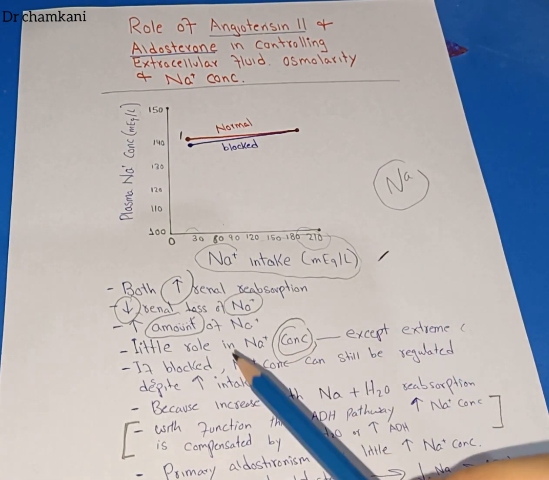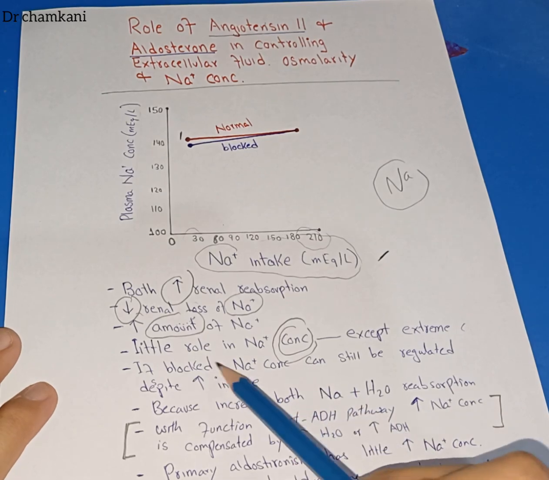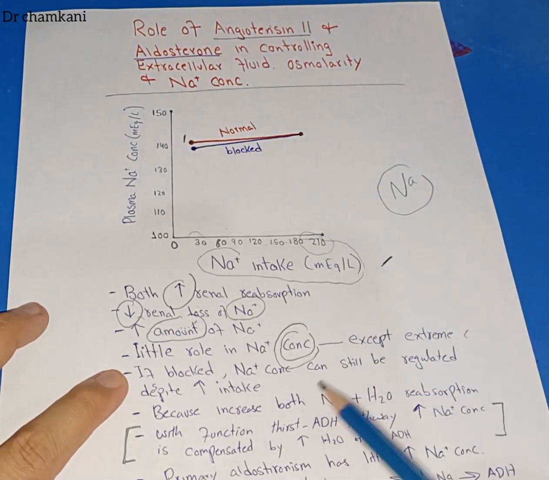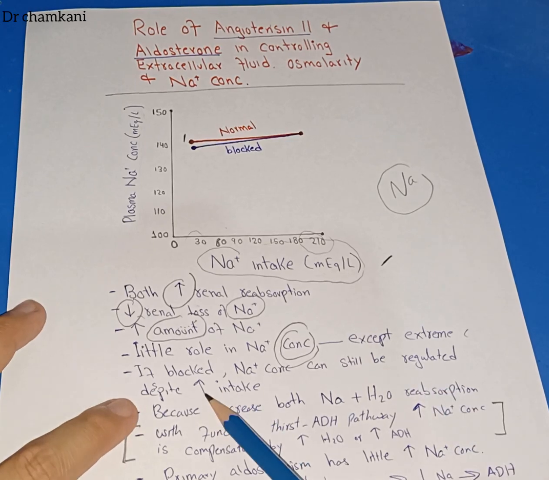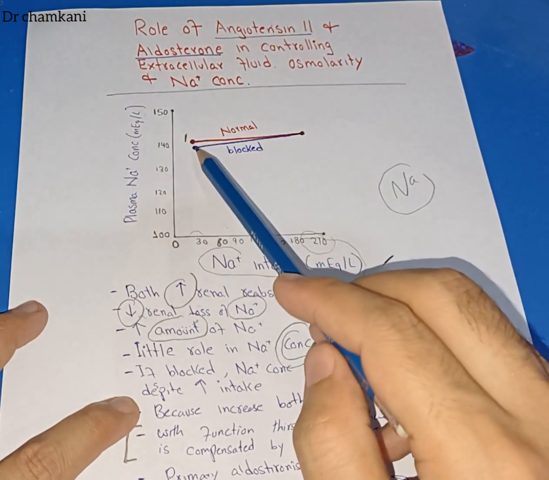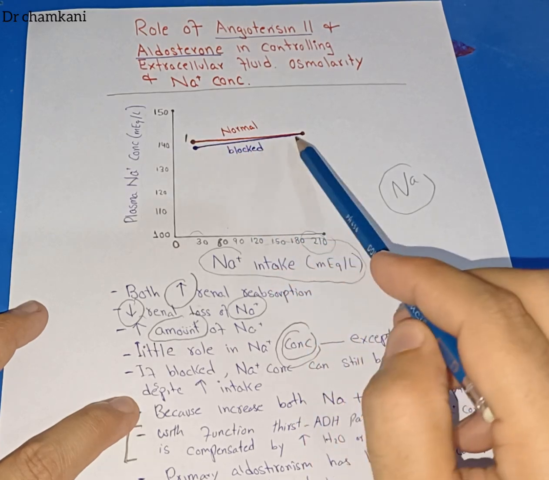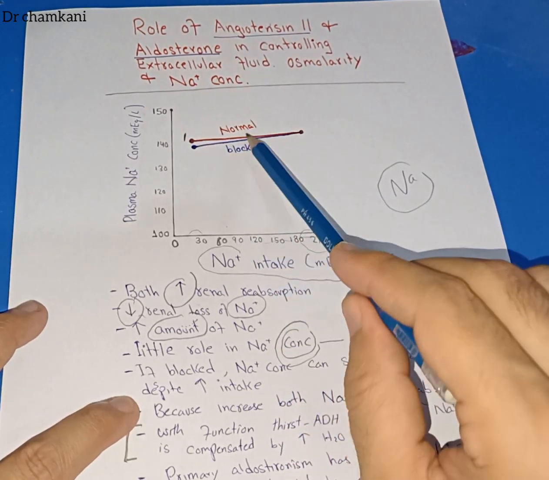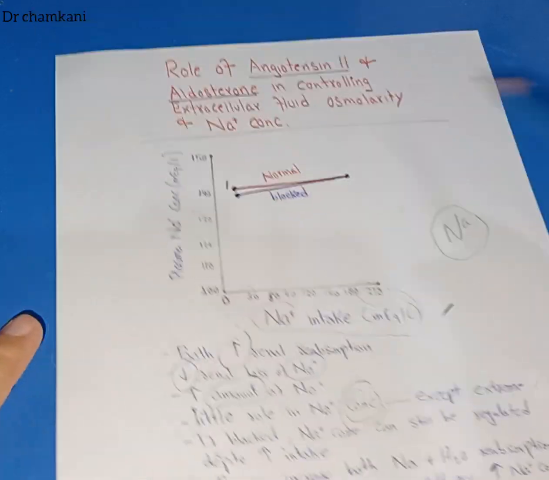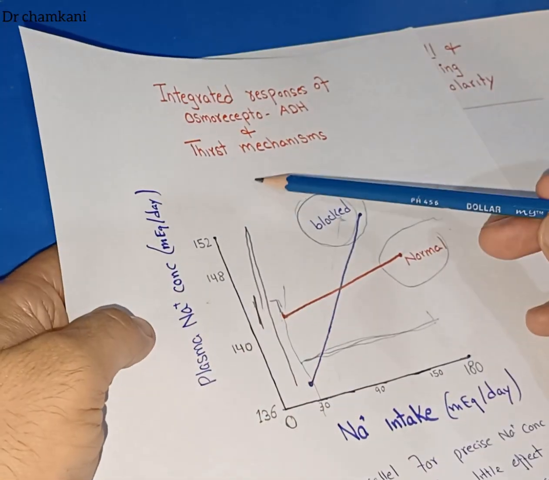And it is because, as we discussed, even if we block these systems, sodium concentration can still be regulated despite increasing intake. Functioning or blocked, both have very minimal role. The big role is played by the ADH and thirst mechanism.